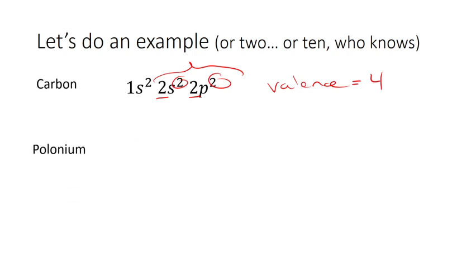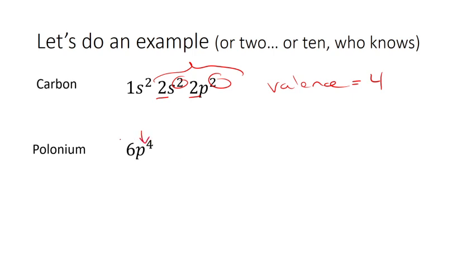So then let's take a look at polonium, way down there. For anything beyond about fluorine on the periodic table, I usually like to look at the last term of the electron configuration and then just know that everything before that is filled in. So if we look at polonium, we're going to look for what block it's in, P block.